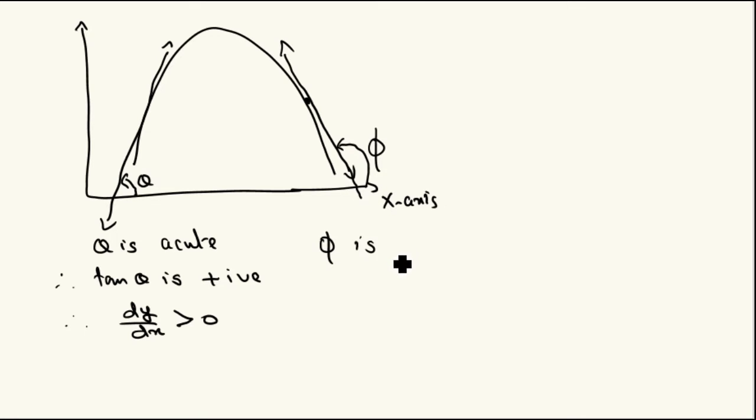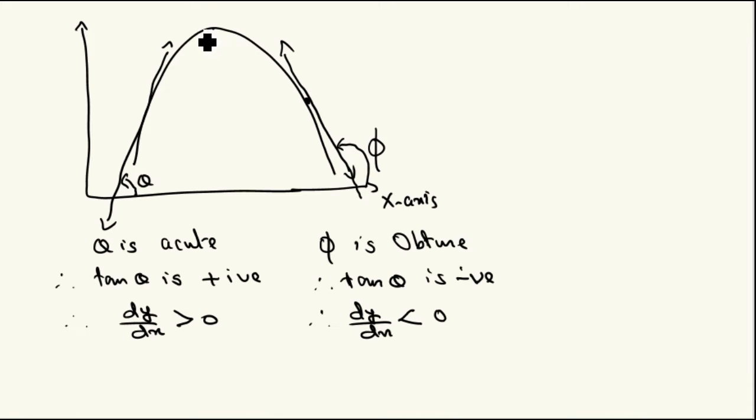Phi is obtuse. Therefore, tan phi is negative. We know in the second quadrant tan is negative. Therefore, dy by dx is less than 0.